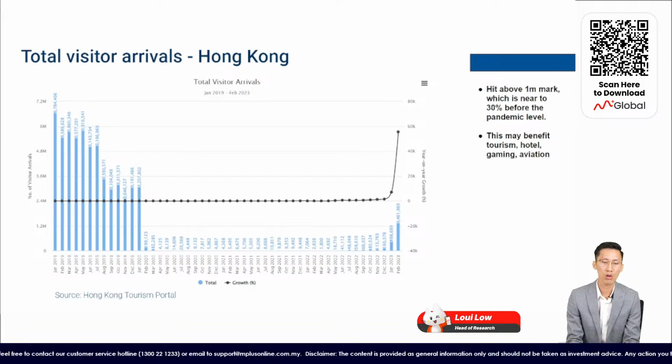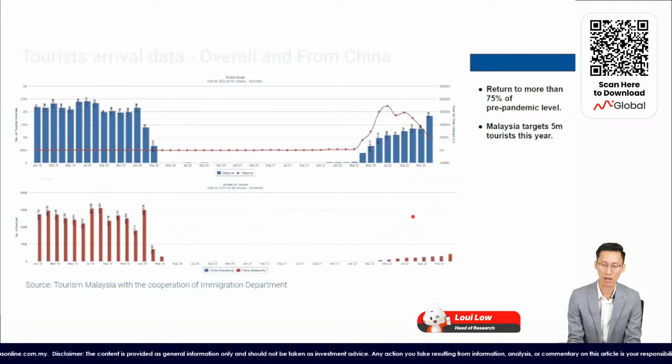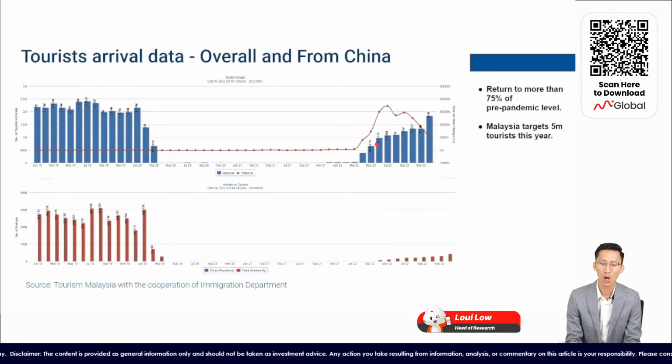If you look into Hong Kong total visitor arrivals, it has just started to turn back to pre-pandemic levels. This is interesting because if you use Malaysia's data, after we reopened, our Asia aviation-related stocks have actually been moving up.